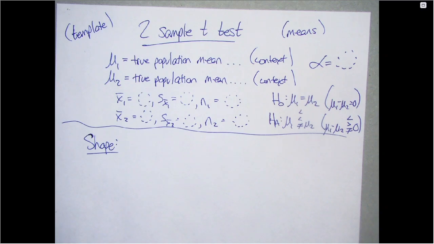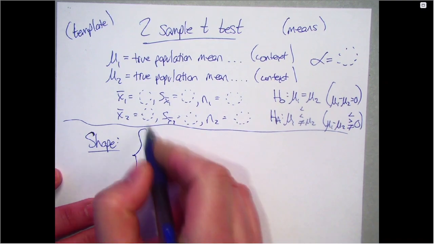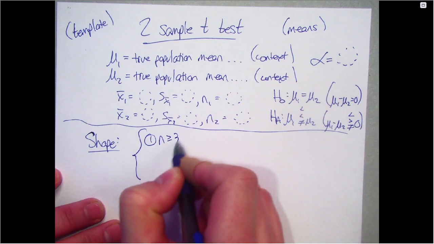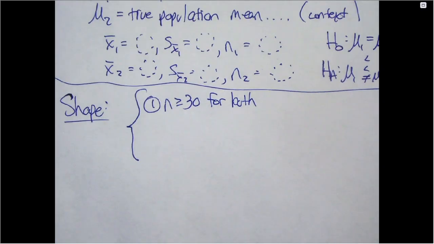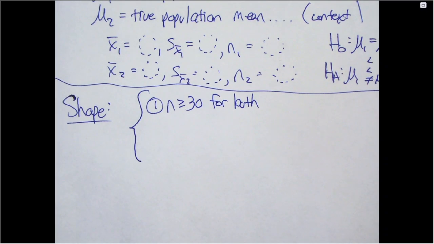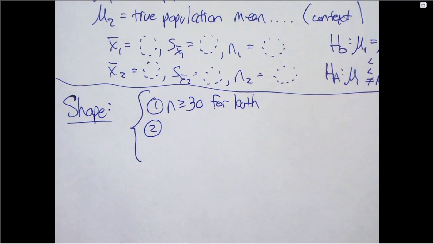So then we get to shape, and there's three possibilities. One would be that n is greater than or equal to 30 for both samples. Two would be a normal population.